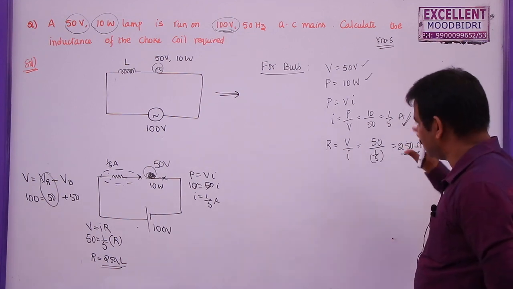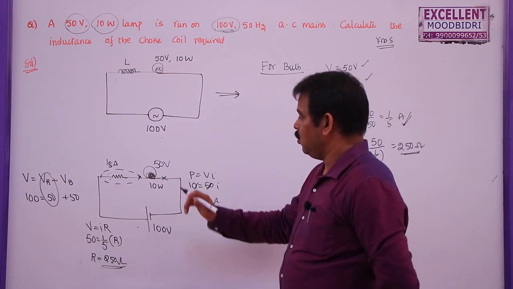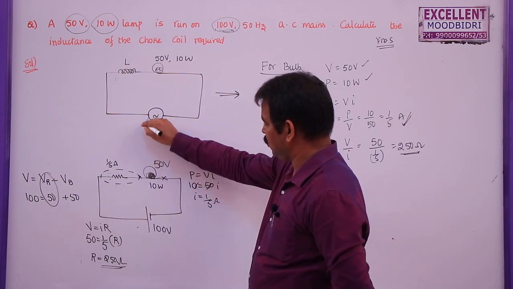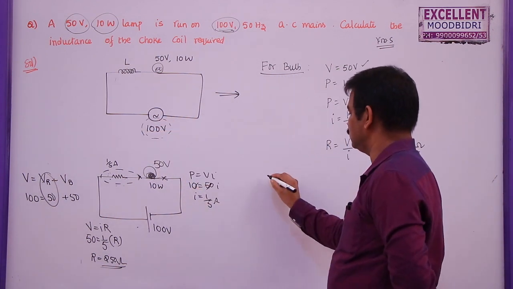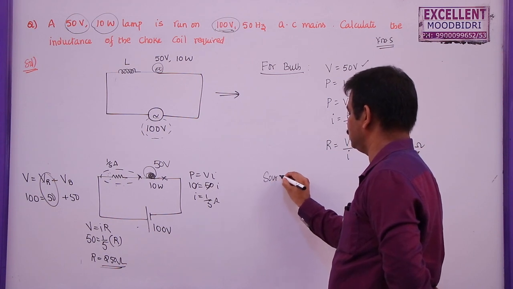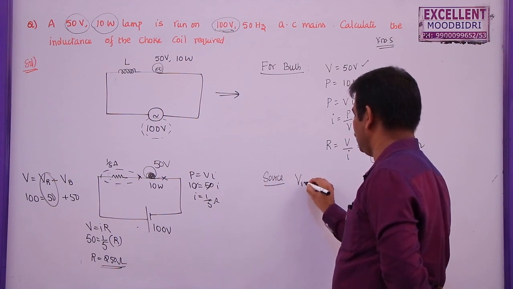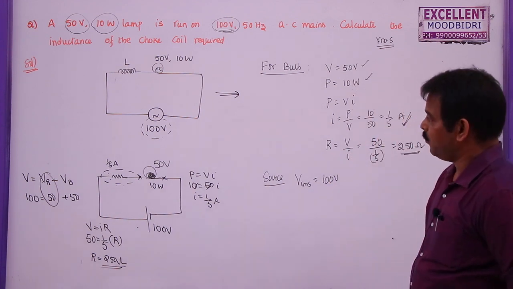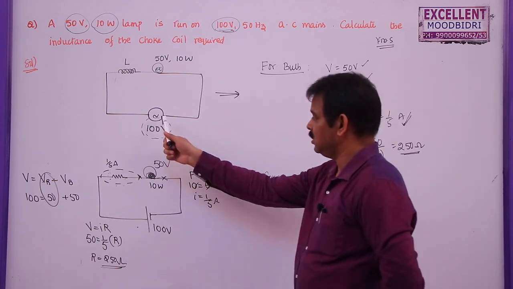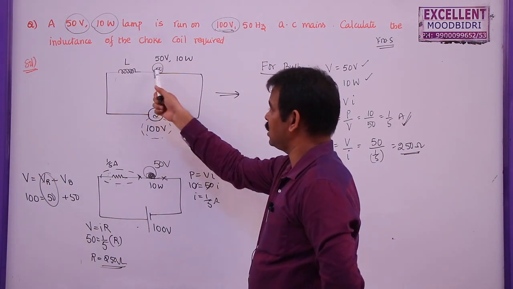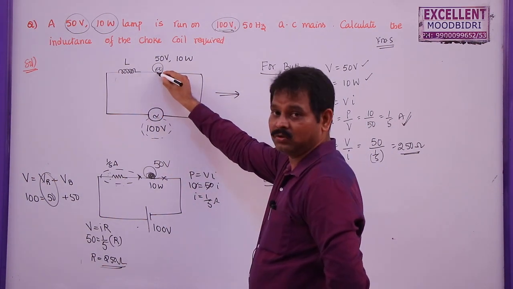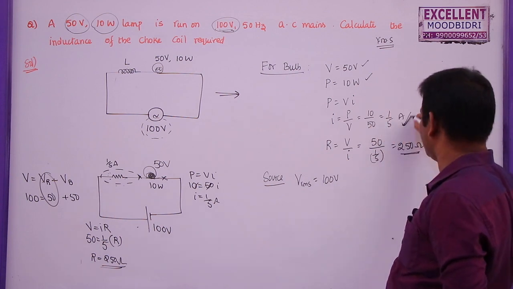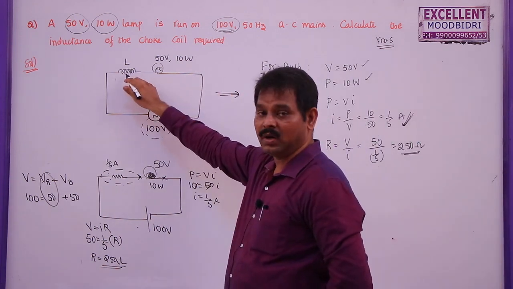So after getting this resistance, now what is the total VRMS for the source here? For the source, what is VRMS? This is given as 100 volts. So how much current is being sent by this source here? As these two are connected in series, we know the current through this one is equal to 1 by 5 amperes. Current through the inductor must also be 1 by 5 amperes.